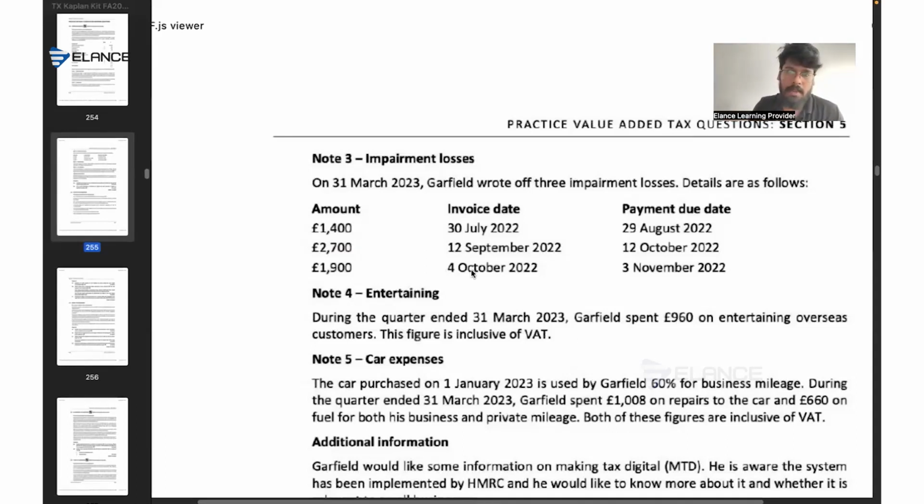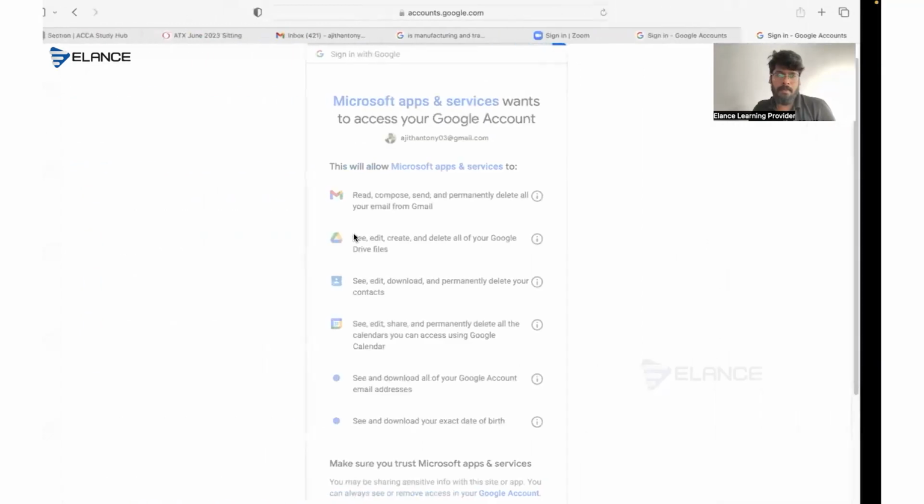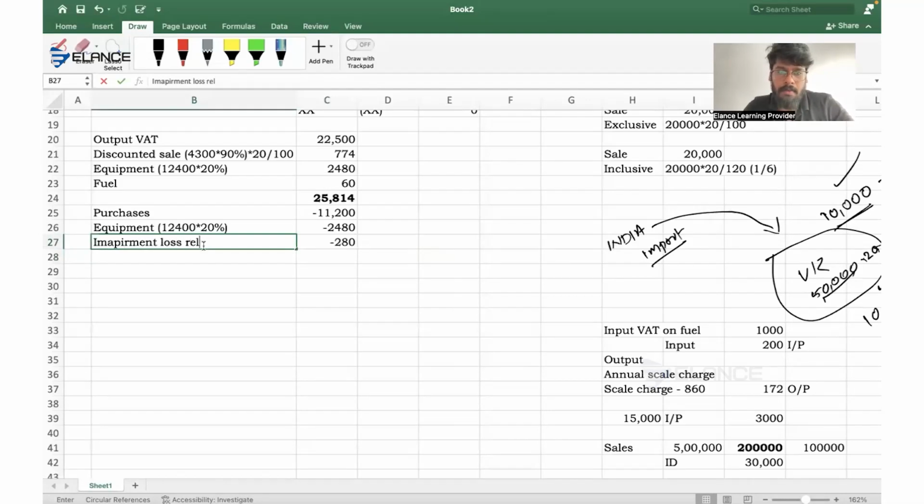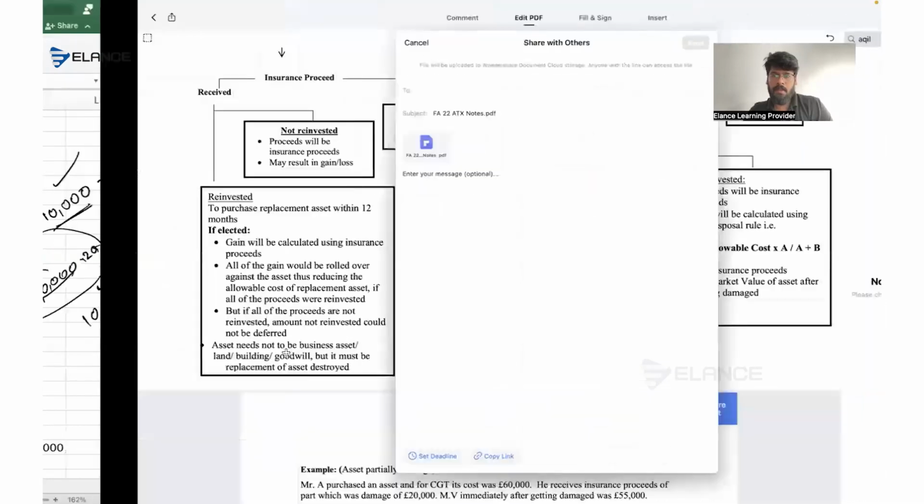So we'll never get a refund on this 2,700, and 1,900 also. 1,900 is due on 3rd November. So we can only reclaim the impairment loss relief on 1,400. So 280 is the impairment loss relief.